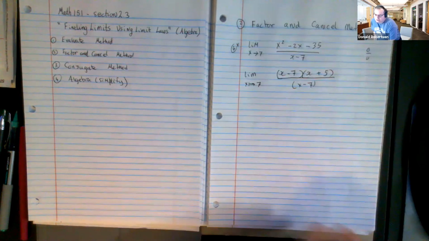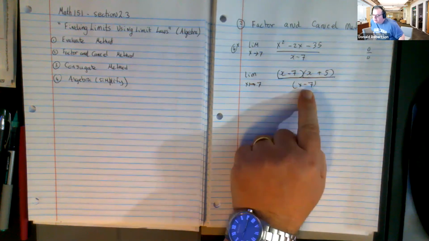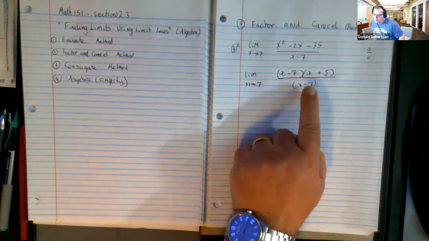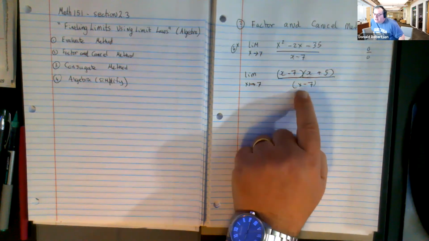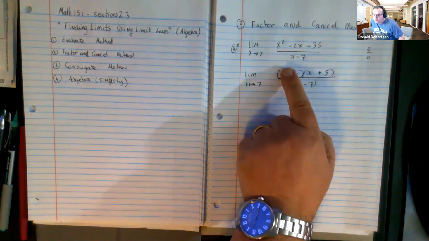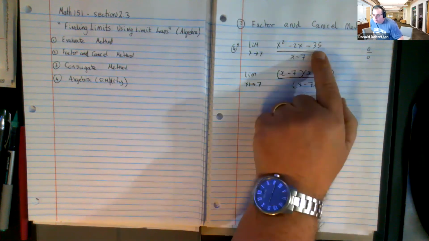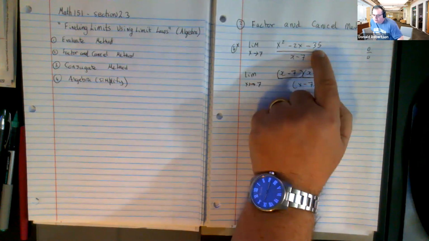Now, here's a little trick to these questions. Do you notice how this term had x minus 7 in it? Right at the bottom. I can guarantee that one of the two factors is also going to be x minus 7. Now, why could that be helpful? Can you imagine that this quadratic was really ugly? Can you imagine that this quadratic was a number like, I don't know, 60?